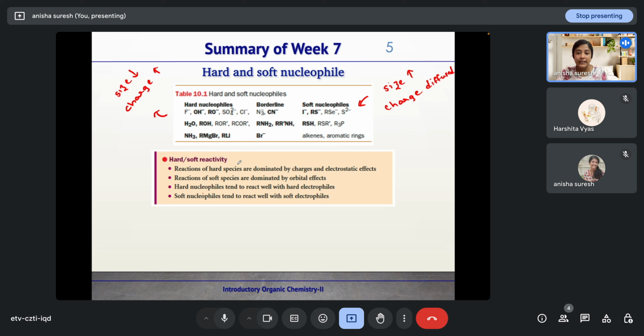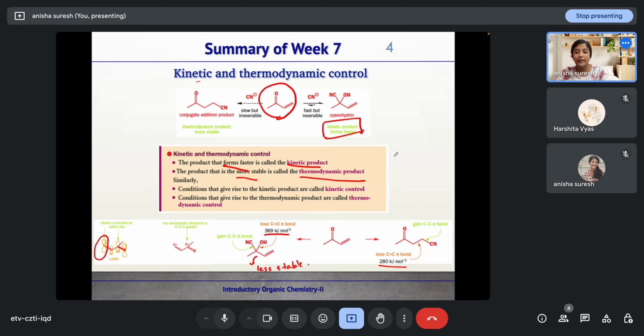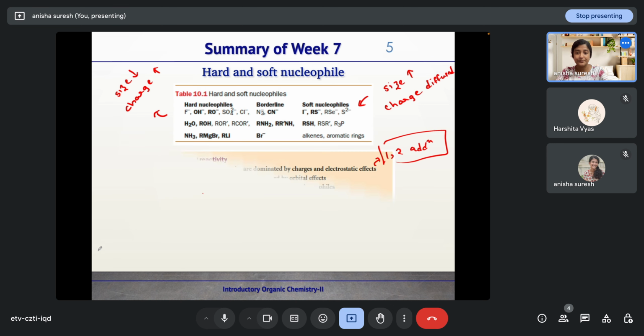So we have seen that hard species are dominated by charges and electrostatic effects, so they can do 1,2 addition reactions. As we have seen, this position is dominated by electrostatic attraction or charges, and this 1,4 position is dominated by orbital interactions.